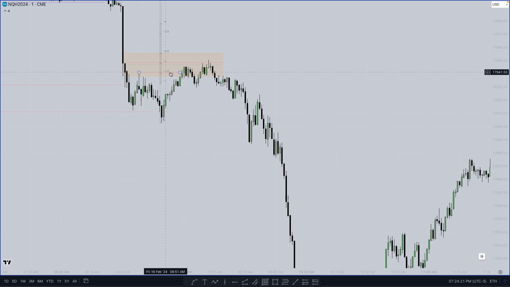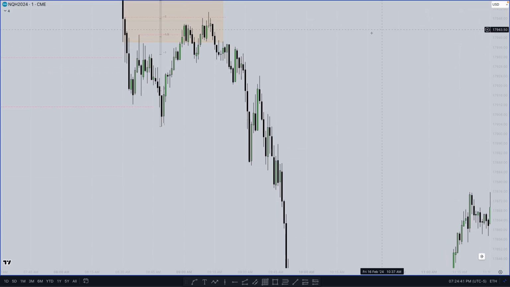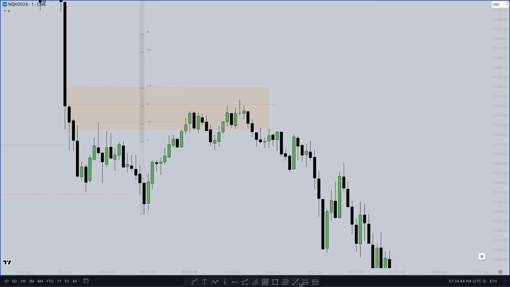Well, you cleared this, then you tapped back into the structure, which was like, meh, I wouldn't really take that, but it was kind of there. And then you failed to break this high. Body closure really wasn't happening on this 1 minute over these wicks.